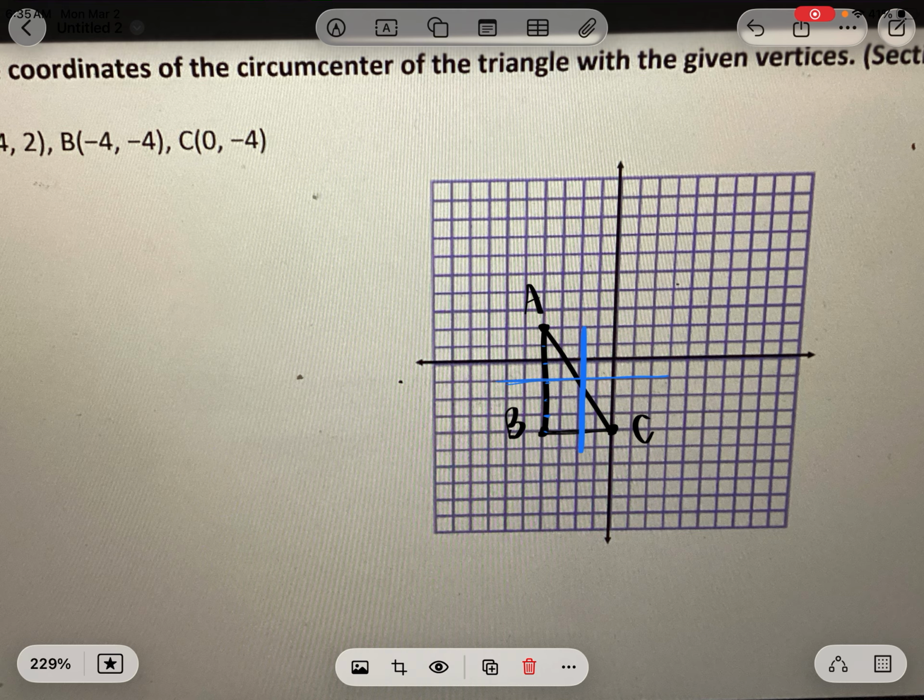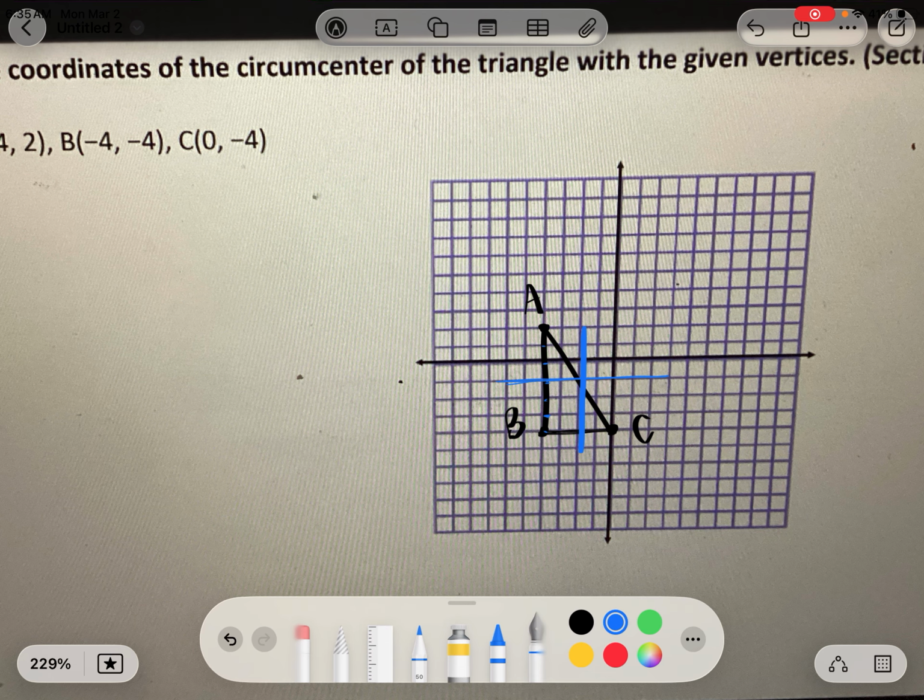And so when I look at that, it goes down 1, 2, 3 over 2. This is right in the center. And if it goes down 3 over 2, the opposite reciprocal will be up 2 over 3.